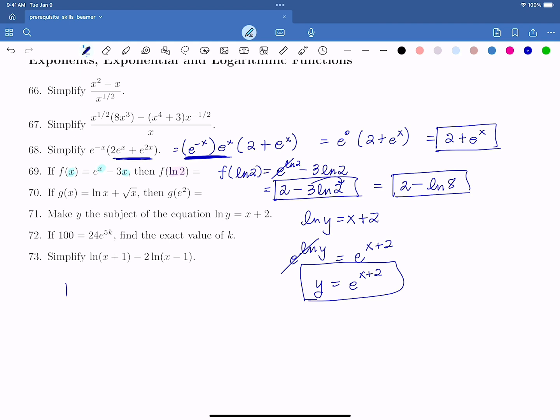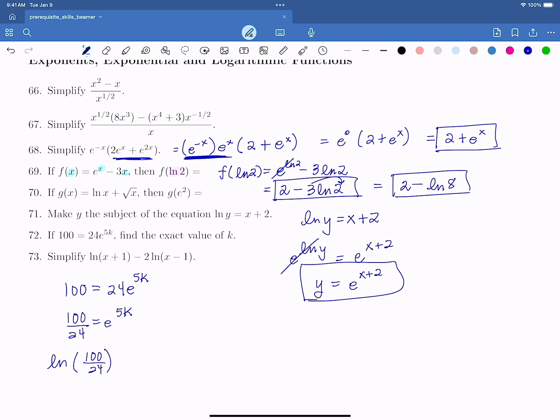If 100 equals 24e to the power 5k, find the exact value of k. The exact value of k. So I can start by dividing both sides by 24. Then take the natural log of both sides. The natural log of 100 over 24, I guess I could reduce 100 over 24.